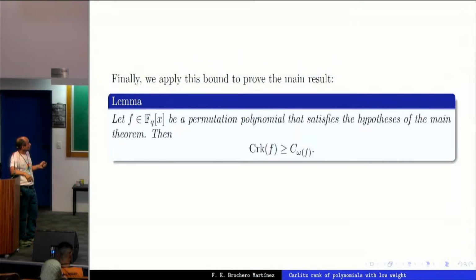Then finally, using that lemma, we had this lemma that says that if we have a Carlitz rank with the hypothesis of the theorem, then the Carlitz rank is greater than the constant c_n, where n is the weight of the polynomial.